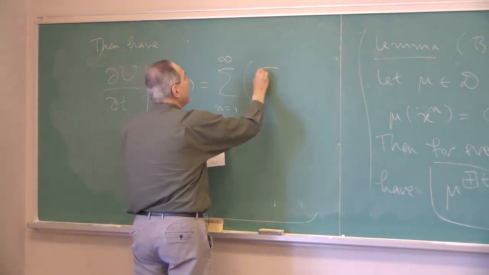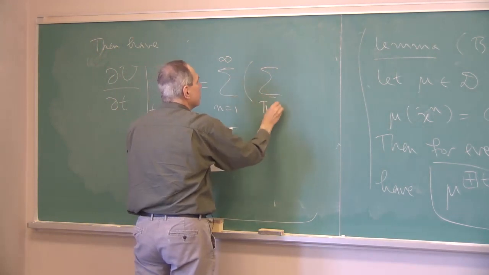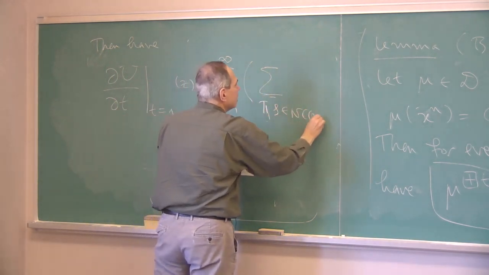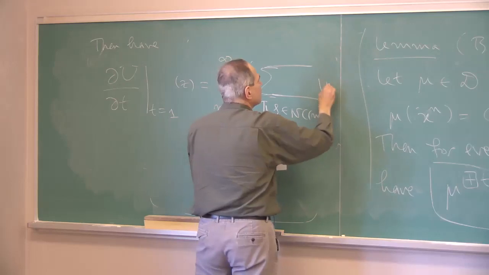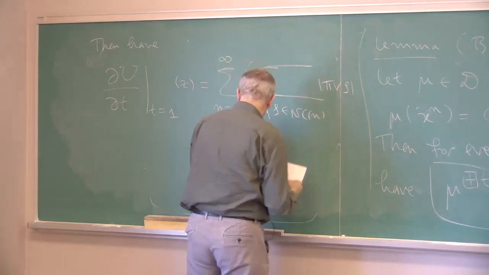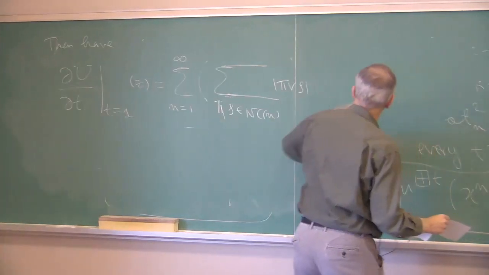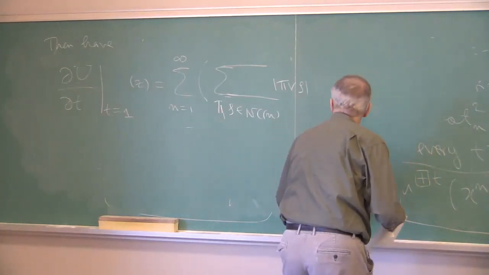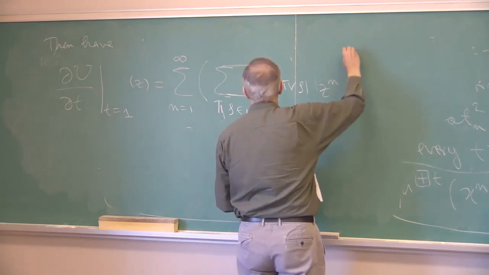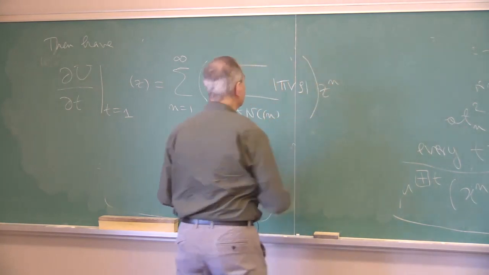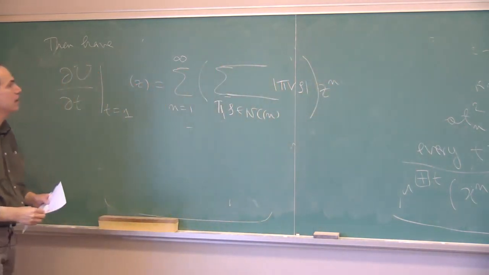Okay, and here I get the summation over pi, rho in NC of n, number of blocks in pi join rho, times z to the n. Yeah, okay, this is what happens.